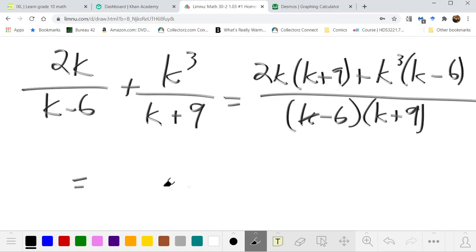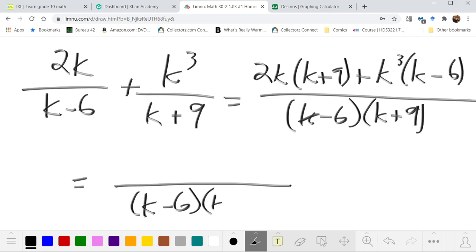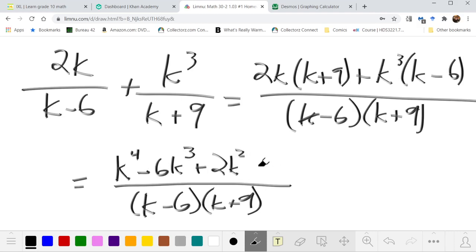So now we completely expand our numerator after just rewriting the denominator exactly as is. The highest degree term we're going to have is k to the 4th. And we're going to have a negative 6k cubed from our second expression, a 2k squared from our first expression, and an 18k.